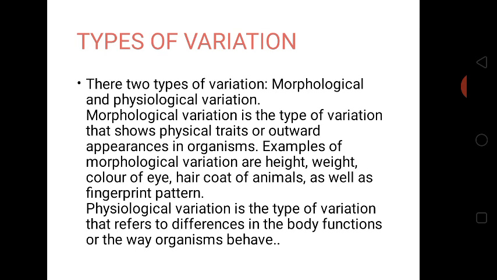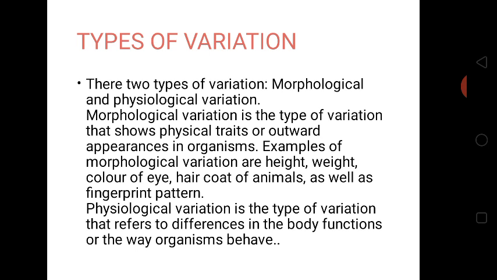So we now look at types of variation. There are two types of variation: morphological and physiological variation. Morphological variation is a type of variation that shows physical traits or outward appearances in organisms.